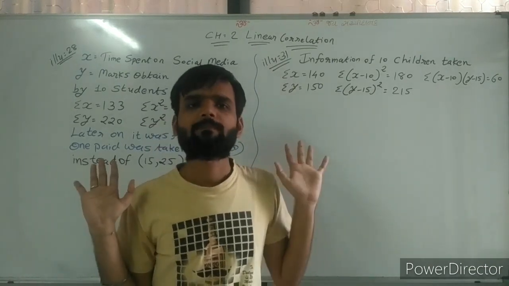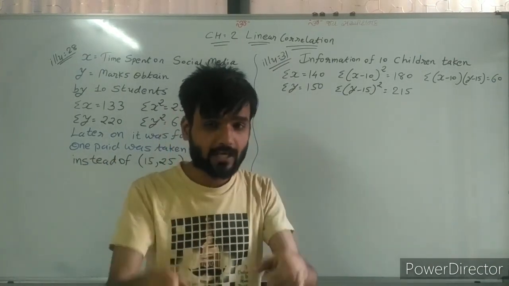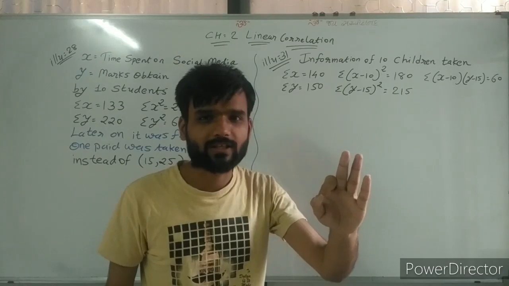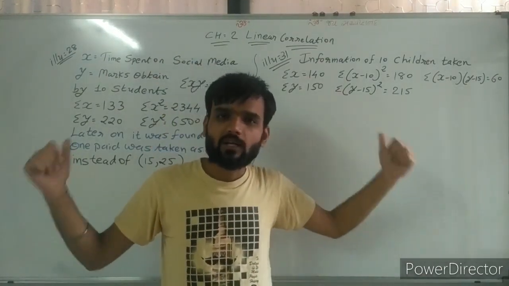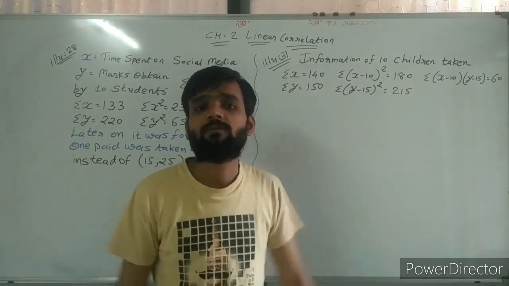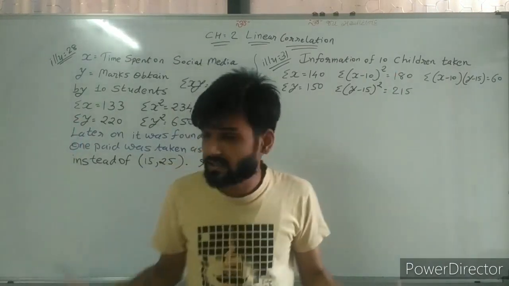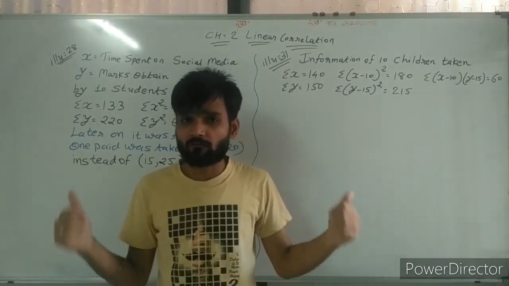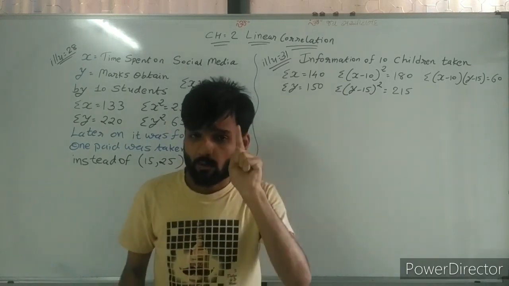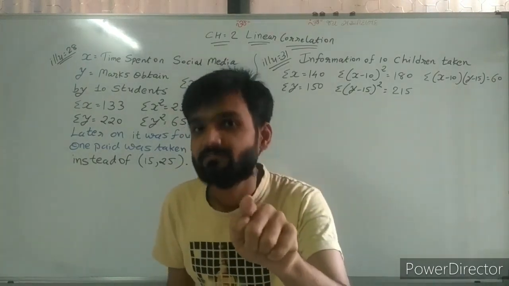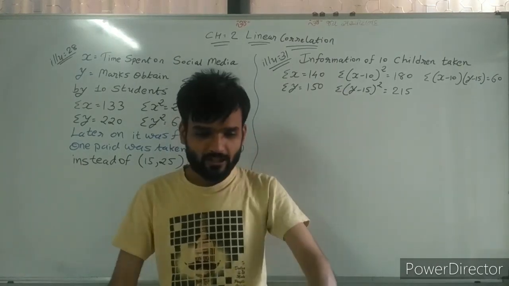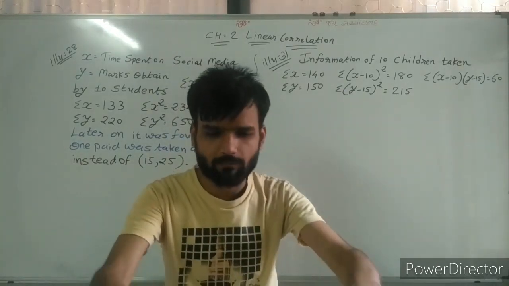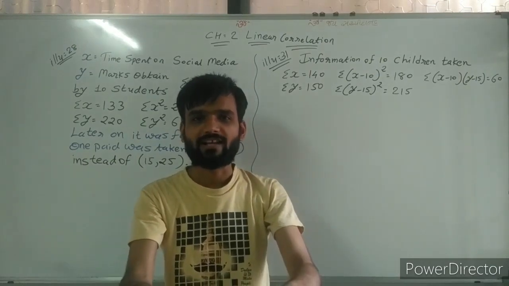But we always do 100%, and that's why today we will do two sums. But this completion is only from my side. From your side, you have to do extra sums and complete your whole chapter from your textbook.